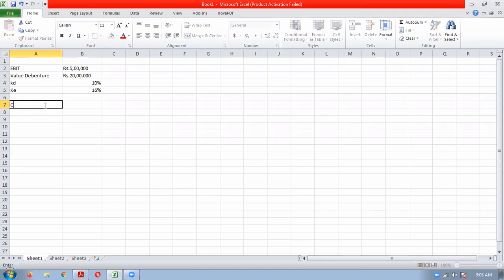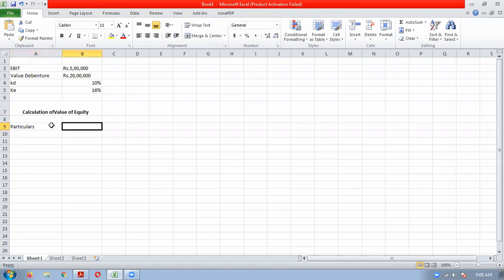So first we will find out the calculation of the value of equity. Particulars, amount, rupees. EBIT is given, 5 lakhs.